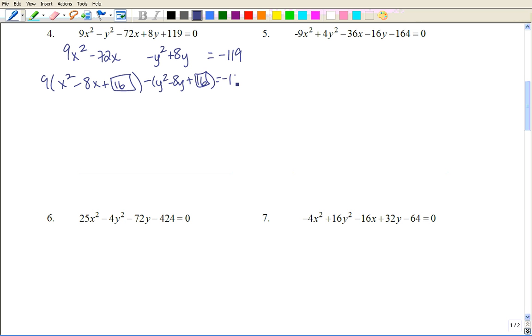Equals negative 119, but don't forget we do have to add over. We are not just adding 16 right here, we're adding 9 times 16, which is 144. Aren't you tired of those two numbers? We just keep using them, don't we? 9 and 16 and 144. And then right here we're not adding 16, we're actually subtracting 16, so we're going to do a minus 16.